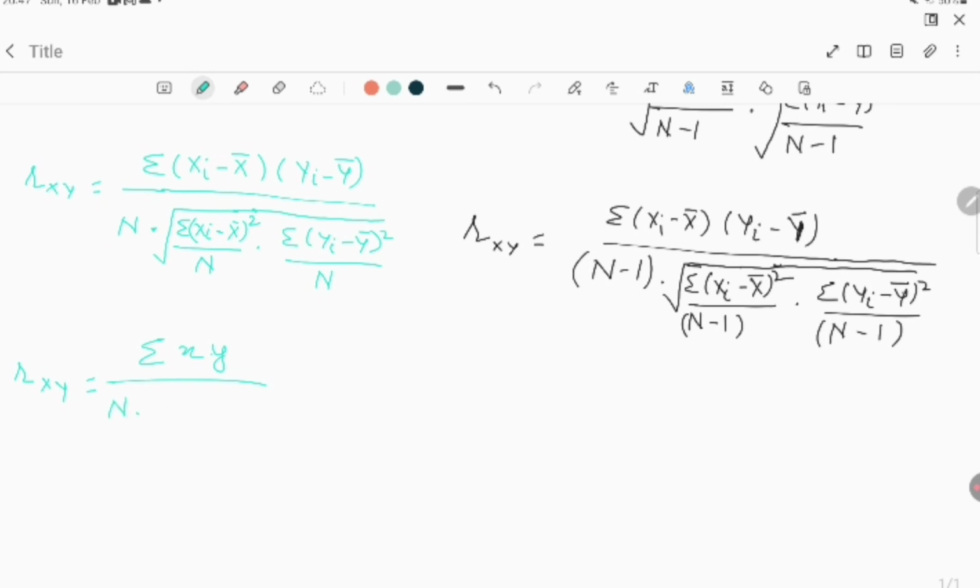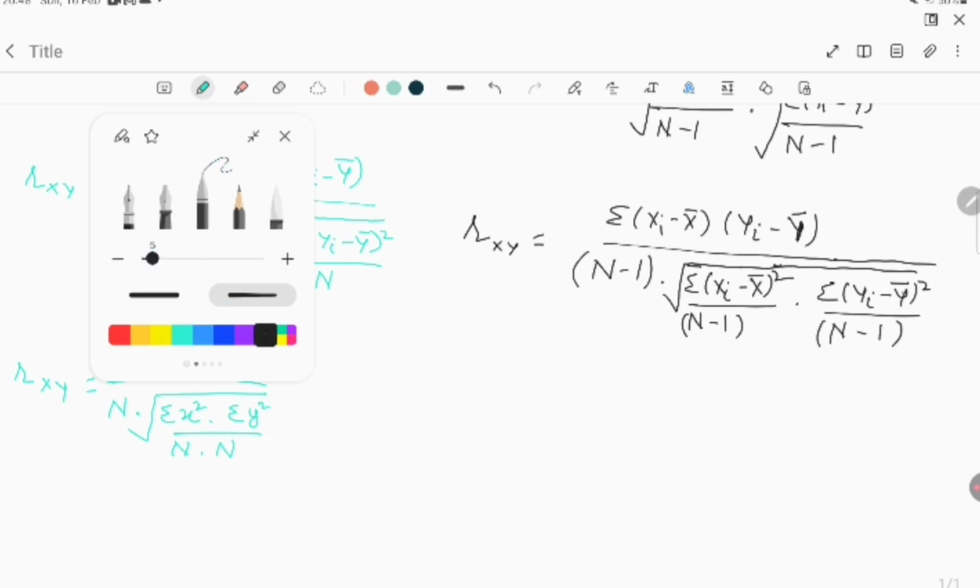And if we solve the under-root section, summation x squared into summation y squared, divided by n into n.